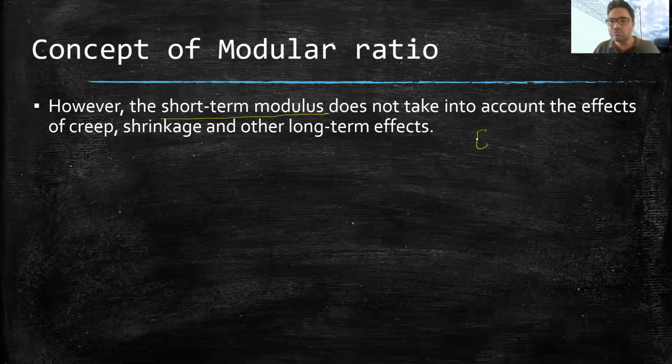Whenever we are using EC as 5,000 root FCK, this EC doesn't take count of the long-term effect of the concrete, because we know that the concrete all the time deteriorates, and the value of EC decreases with the passage of time because of the phenomenon of creep. Creep was also discussed in the previous part. So that is why this relation M is equal to ES by EC doesn't hold good.